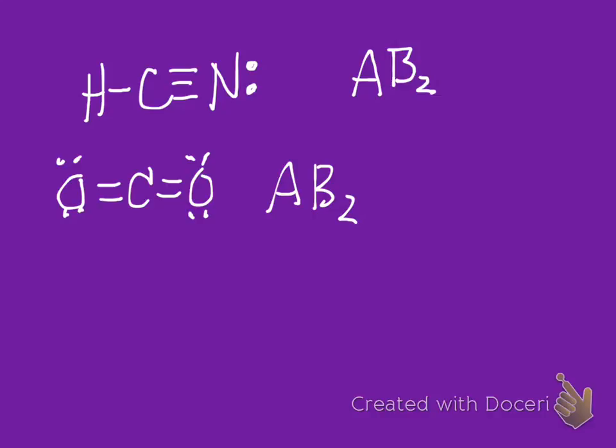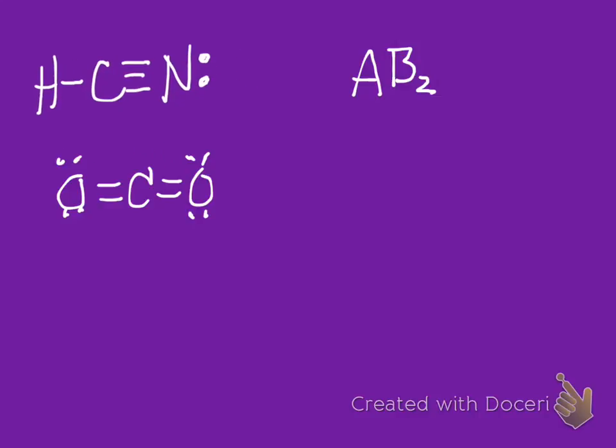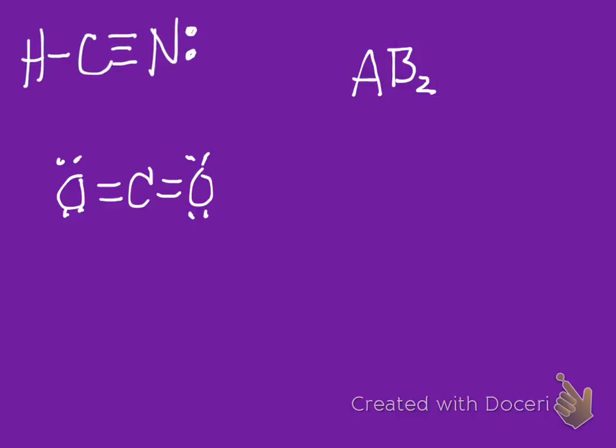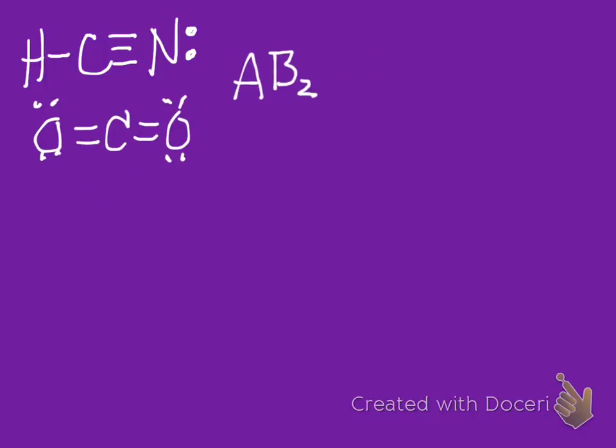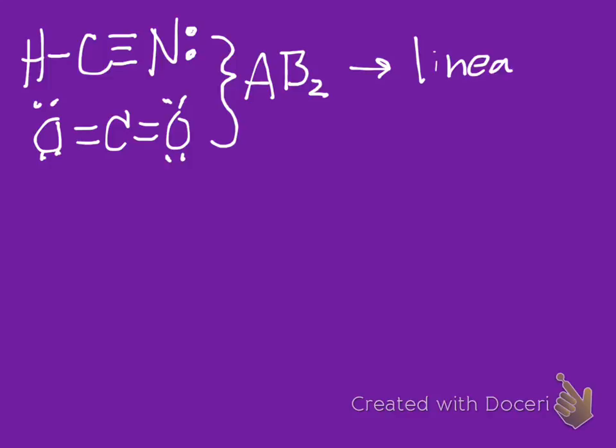What do these things have in common, shape-wise? They are both linear. And what you're going to find is that for every classification type, there's a characteristic shape. So AB2s will always be linear.